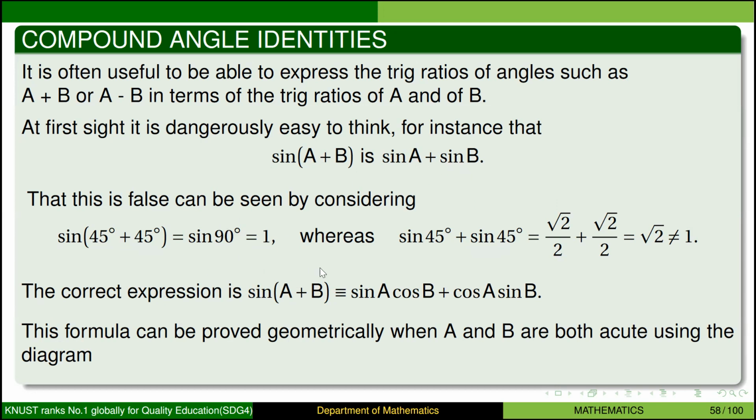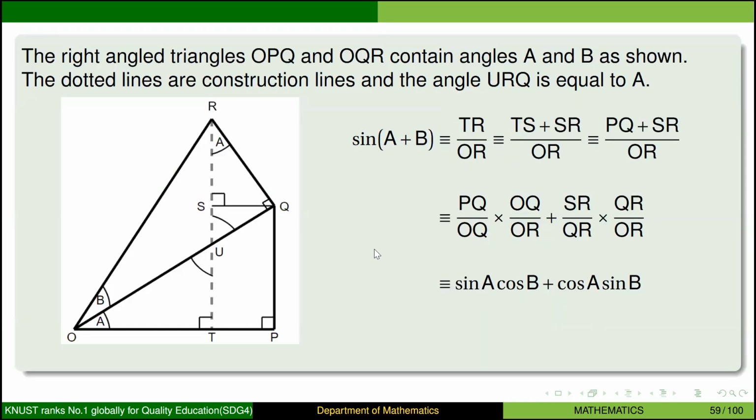And so we want to see how we can express this in terms of sine A and sine B. And that's what we are going to do, to use some diagrams to help us find that in the geometrical sense. Let's move on. So over here, we'll be using this right angle triangle. It's in various forms. We have this as a right angle triangle. This is also one of them.